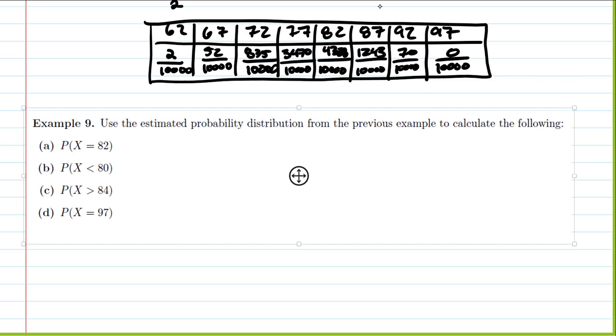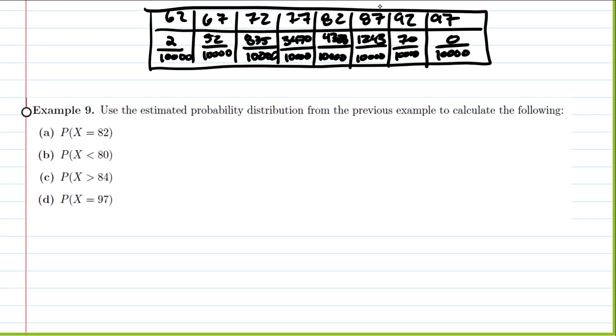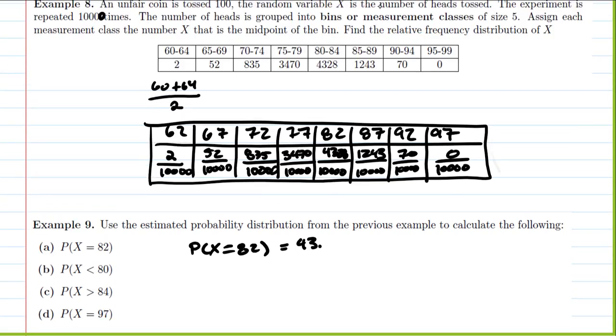So what is the probability that x is equal to 82? Well, based on our table, the probability that x equals 82, yeah, so we're going to say our probability is 43.28%.